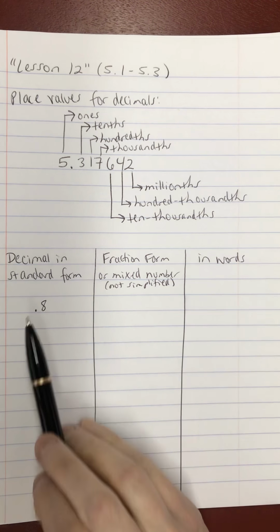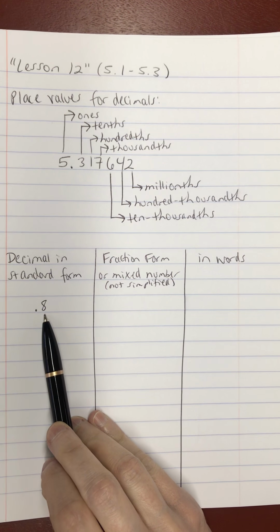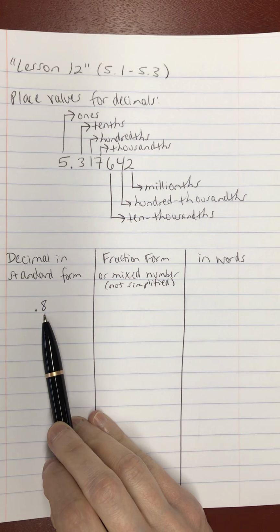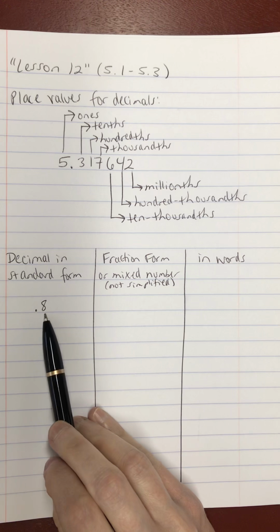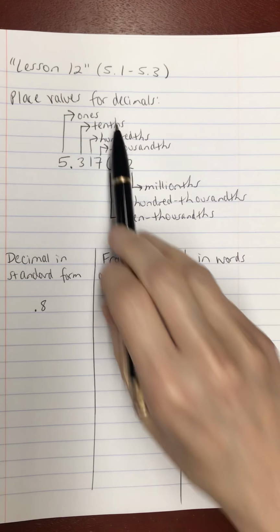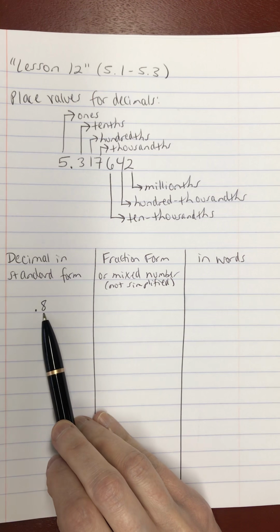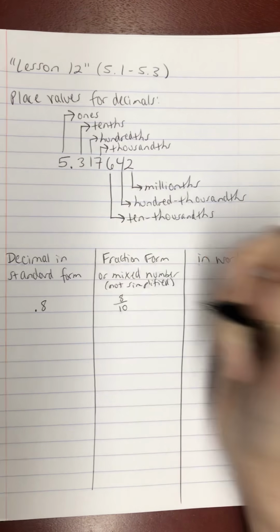Okay, so if you look at 0.8, you want to ask yourself, what decimal place is this 8 going to? In other words, what's the furthest decimal place this goes to? And since there's only one place value here, this is the tenths place, right? We just wrote that up here. So that means this is going to be 8 over 10. Okay, 8 tenths, right?